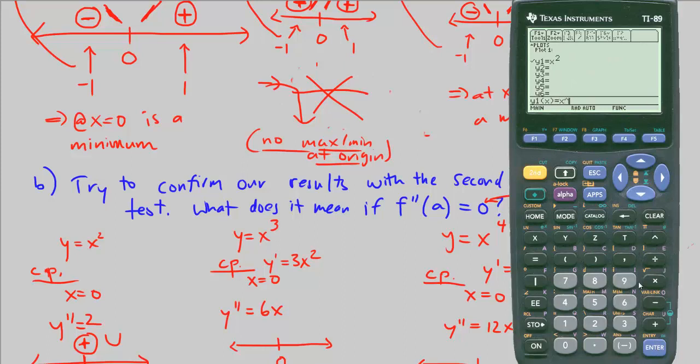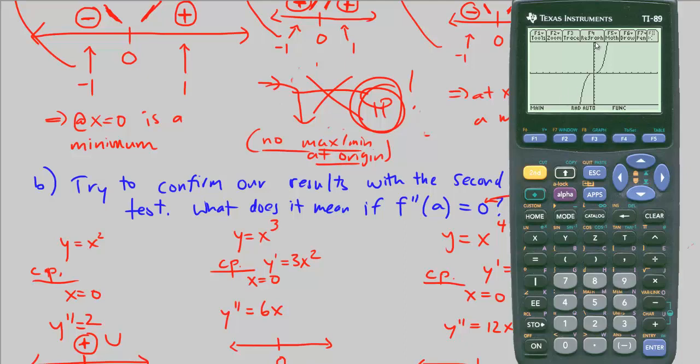And we can see there are no maximums or minimums. This function is always increasing. We do have an inflection point, which we didn't talk about. Since it's increasing to the left and to the right, there are no maximums or minimums, but it does tell us that there's an inflection point.